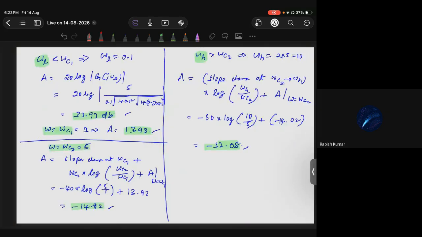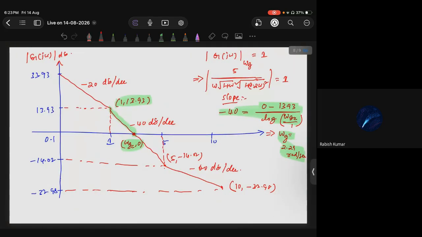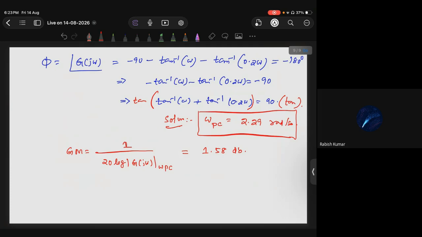First, plot the magnitude plot and the phase plot using MATLAB, magnitude as well as phase, without the compensator. Find out the gain margin as well as the phase margin.